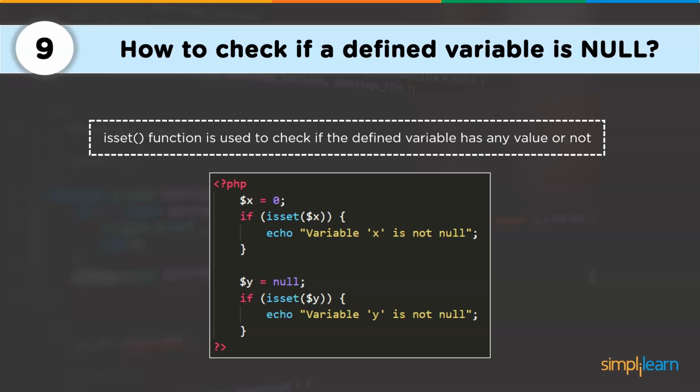So what you do is you put the isset function inside the if condition, and it will return true if it's not null, while it will return false if it is a null value. Since x is not null, it returns true, and we can display echo as variable x is not null, while in the case of variable y, it is a null value, so the if condition will be false and it will not display anything.